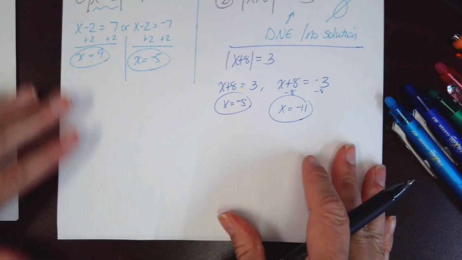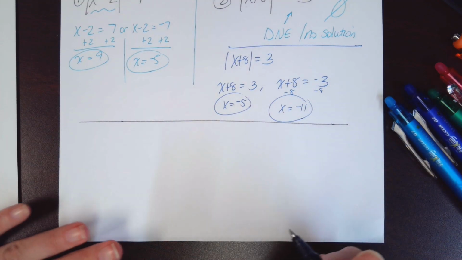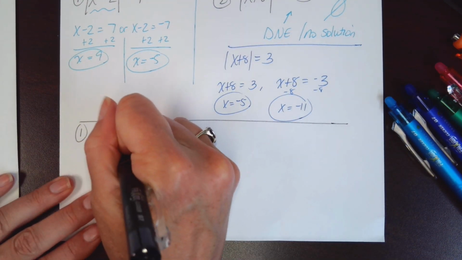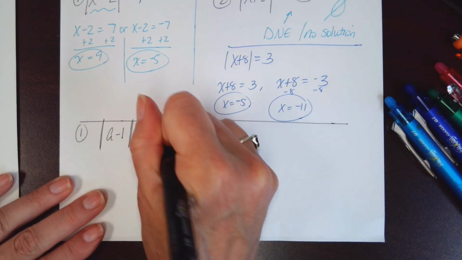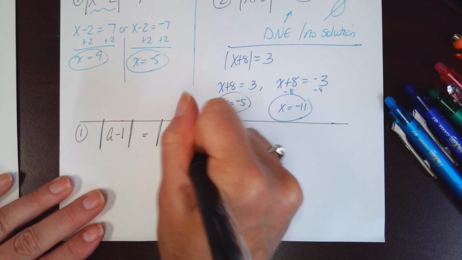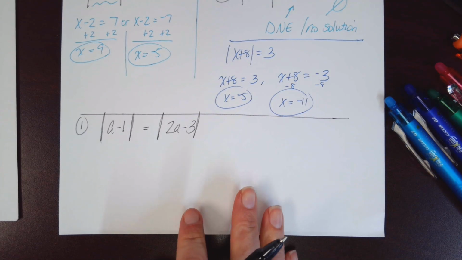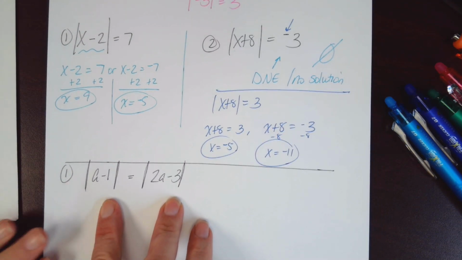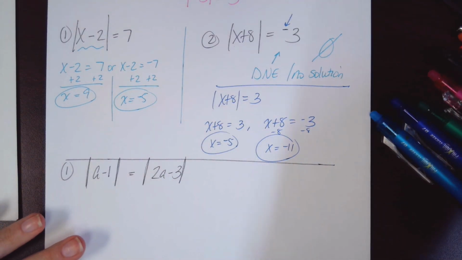All right, real quickly, not super quickly, but one last absolute value equation. The absolute value of a minus 1 equals the absolute value of 2a minus 3. Now this one I wanted to do because we've got two absolute values equal to each other. We still follow the same principle.